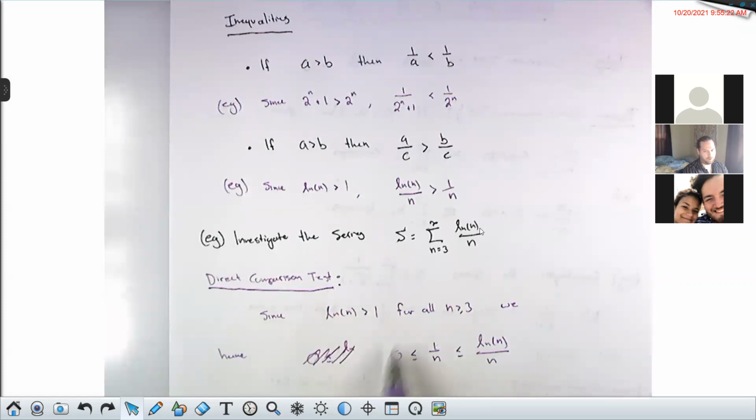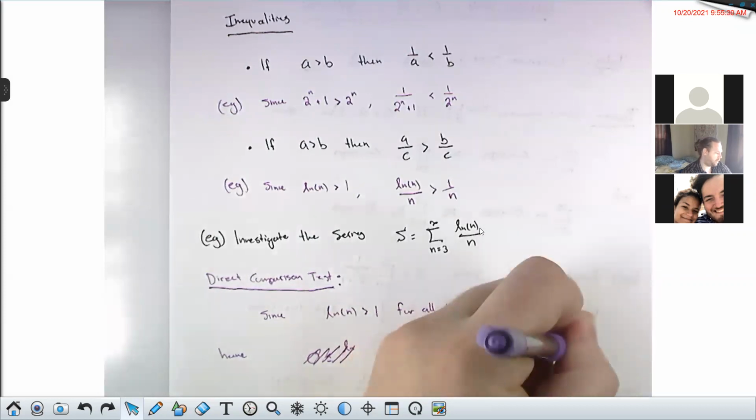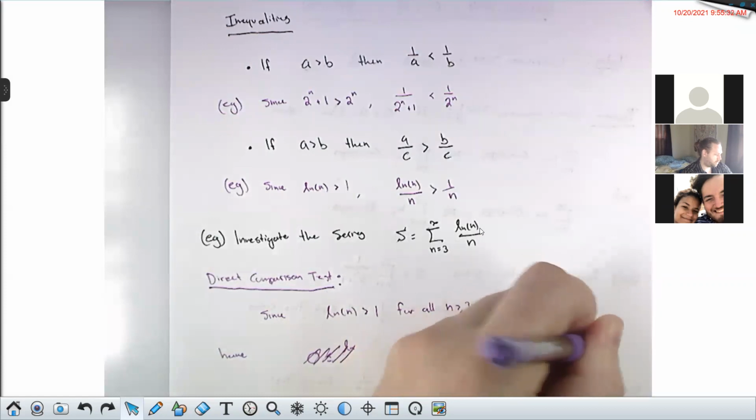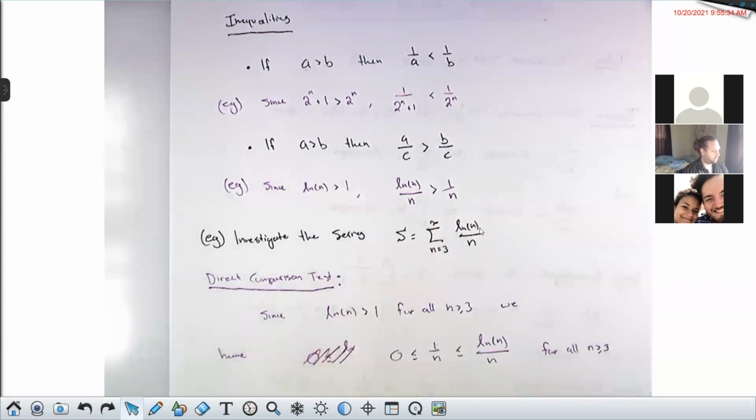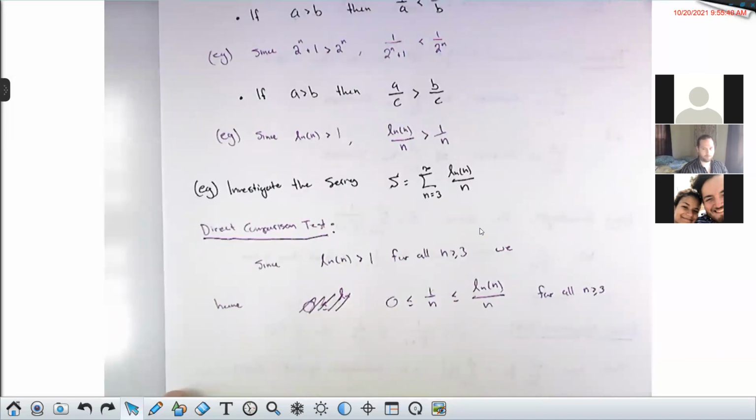This is true for all n greater than 0. And this inequality is true for all n greater than 3. So the whole inequality is true for all n greater than or equal to 3. So the terms of my series are all larger than the terms of the series sigma 1 over n.